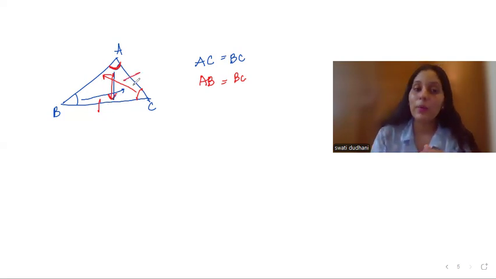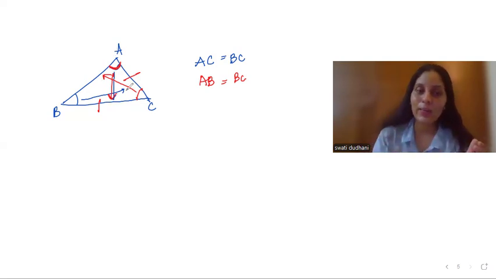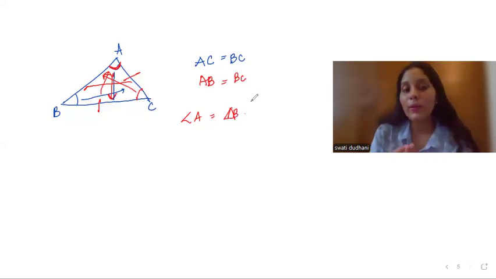If the sides are equal, their opposite angles will be equal. The angle opposite to BC is angle A and the angle opposite to AC is angle B. So this opposite sides and angles concept is very important.